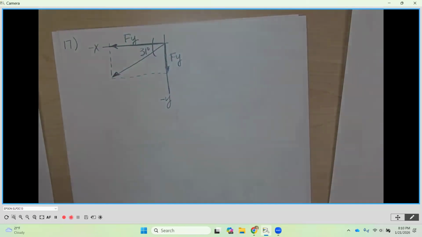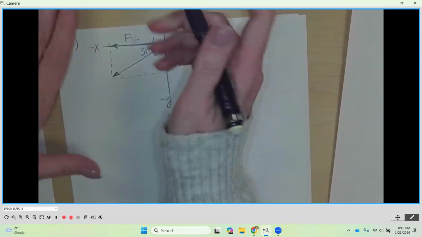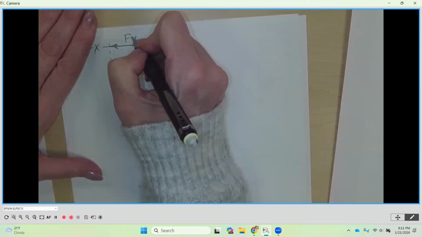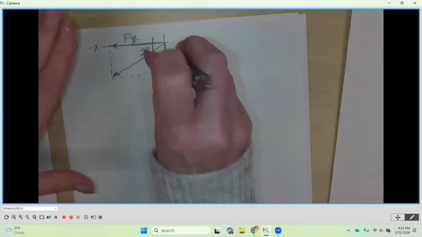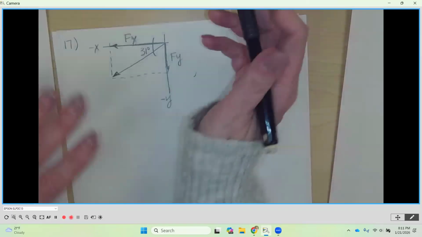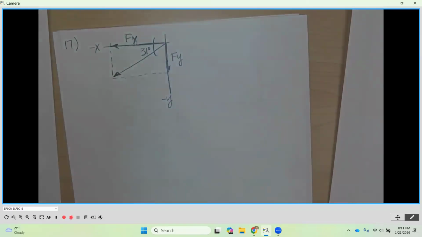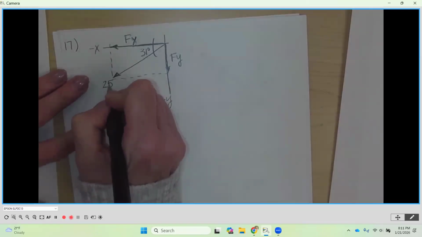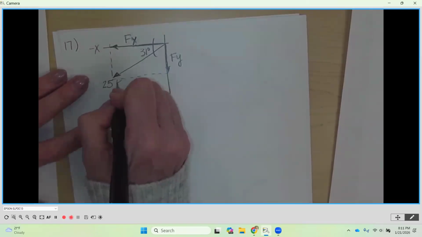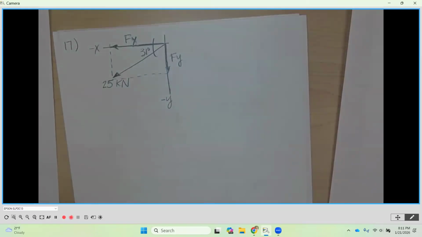Okay. Should be seeing your Fy go down this time. I'm sorry. And then your Fx go to the left. I labeled them both Fy. Fx is going to the left. Okay. And then the magnitude of our hypotenuse is 25 kilonewtons this time.